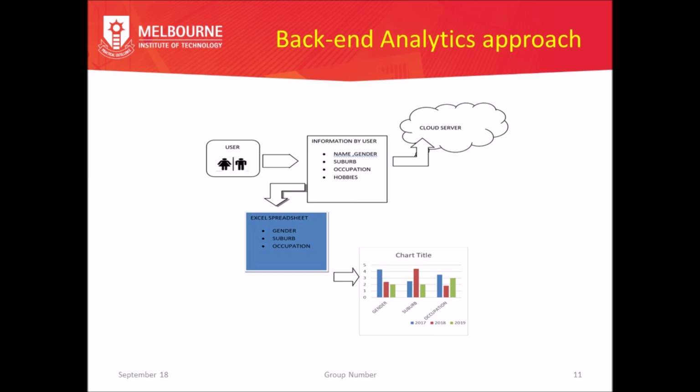According to this spreadsheet, we can make a graph which can help us to differentiate between users. If in future the number of users increases day by day, we can differentiate between them, and with this data, we can also enhance our GUI interface in a more and more efficient way.